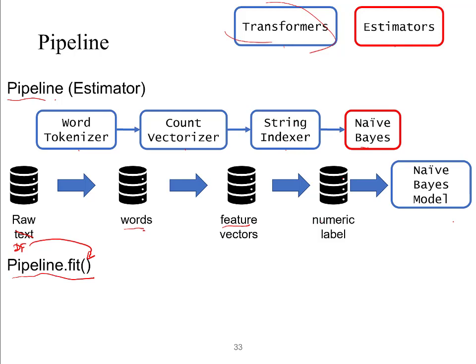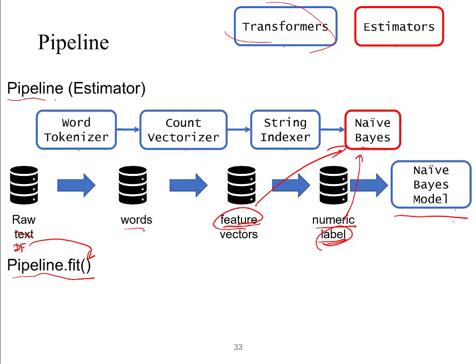Go through the string indexer, you get the numerical labels. And finally, it goes through the naive Bayes, the estimator, which learns from the given features and the labels. The features and the labels are fed into the naive Bayes model, and the output here would be a transformer.